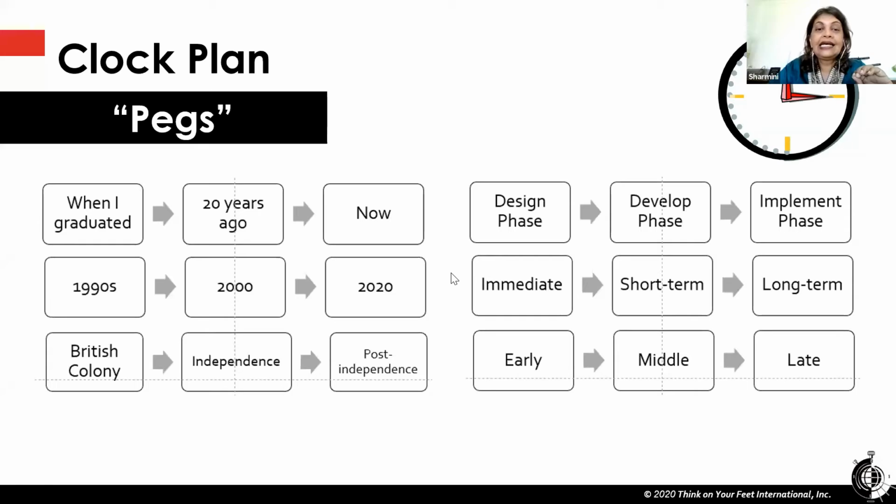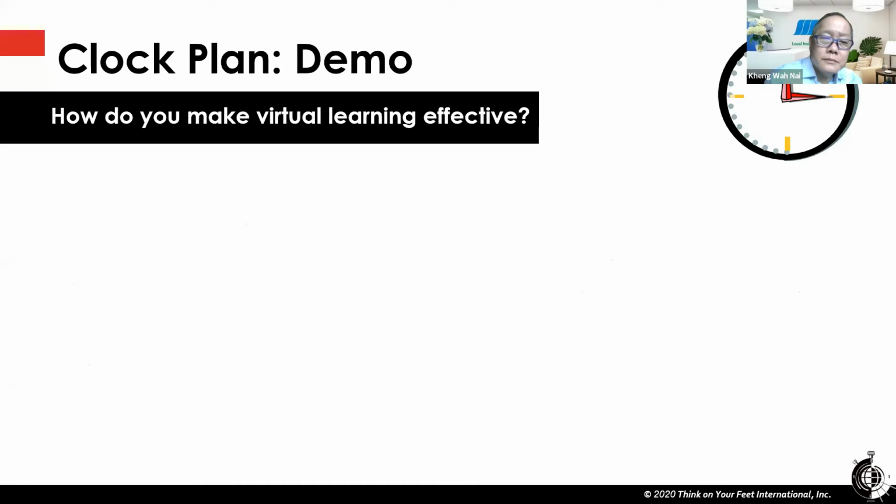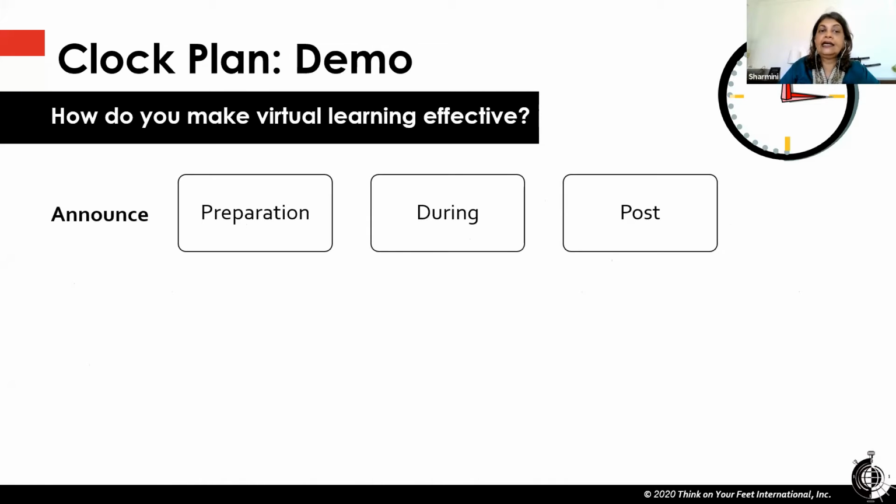Now let me demonstrate how I did that, by showing you visually what I did. So the question was, how do you make virtual learning effective? And I started off by saying, yeah, it can be as effective as face-to-face if we do things right at the preparation, during, and post. These are my 3 clock pegs.